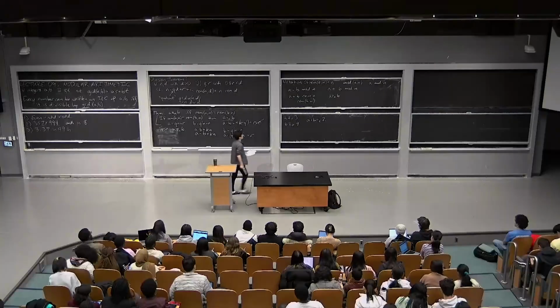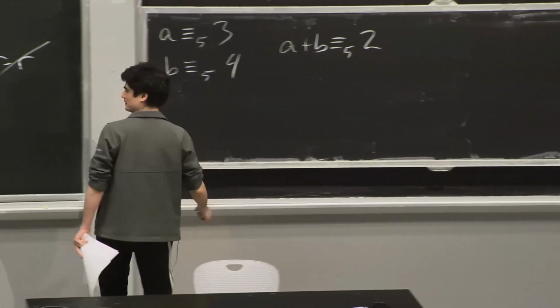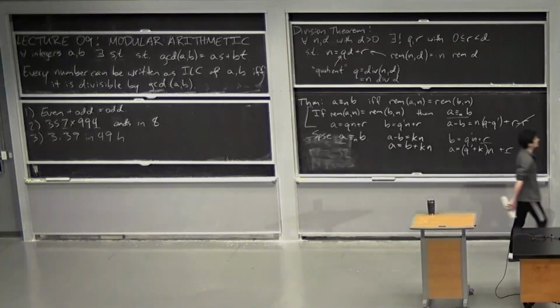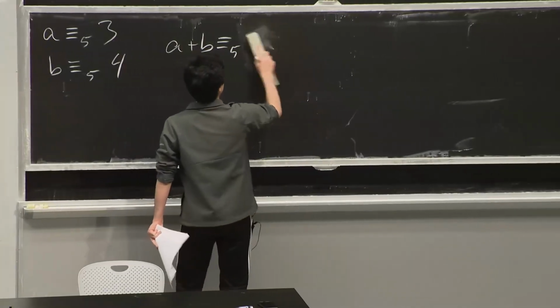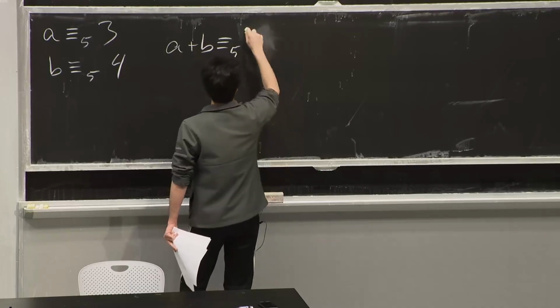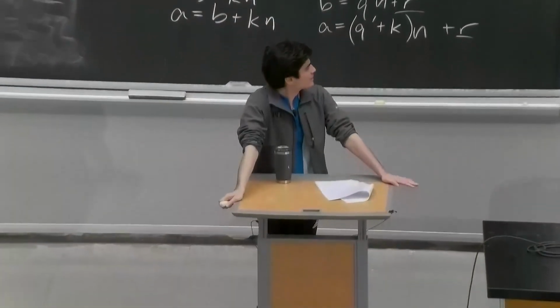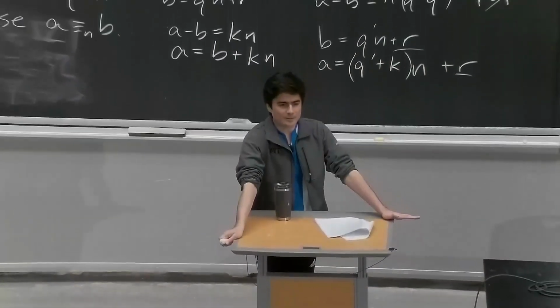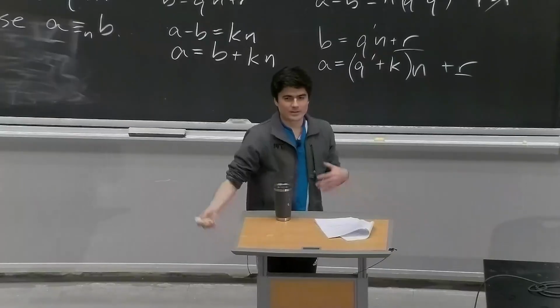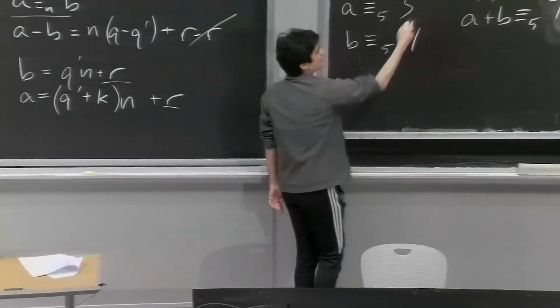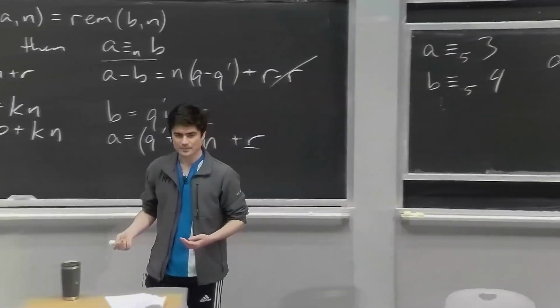Or perhaps an easier thing to see is it's always going to be equivalent to 7, which is in turn congruent to 2. So adding a and b modulo 5, you get the same result as if you add these two equivalent remainders.